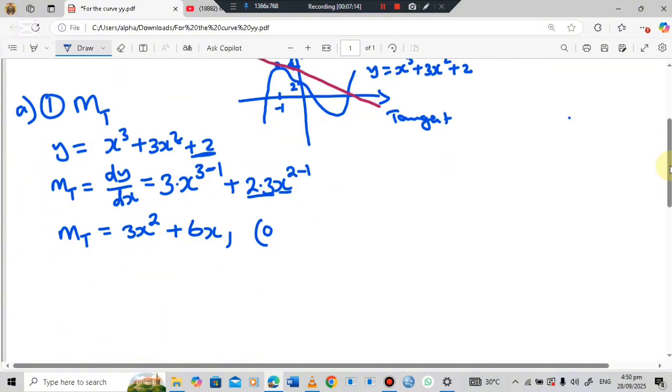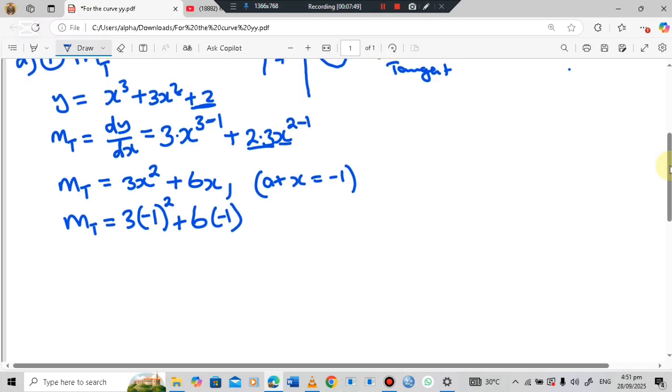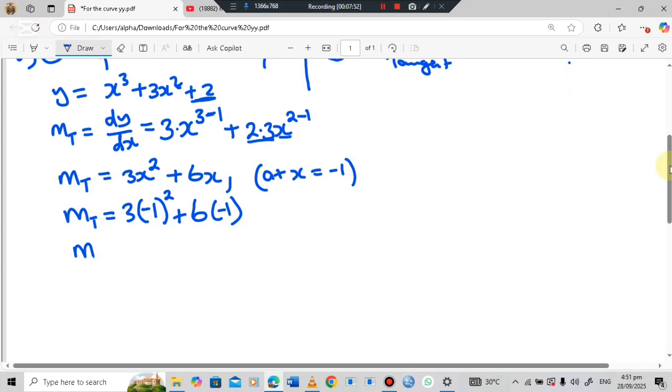So at x is equal to -1, mt, the gradient of the tangent, will be 3, then where there's x, we replace it with -1. So we put -1 in brackets. Don't forget to put the brackets to avoid mistakes. Then we are squaring. Plus 6, then where there's x here, we put -1.